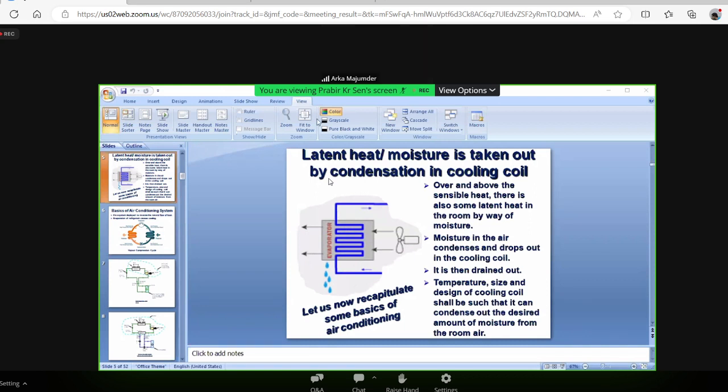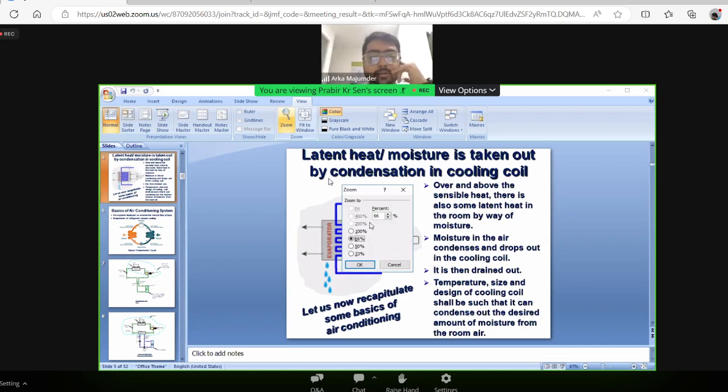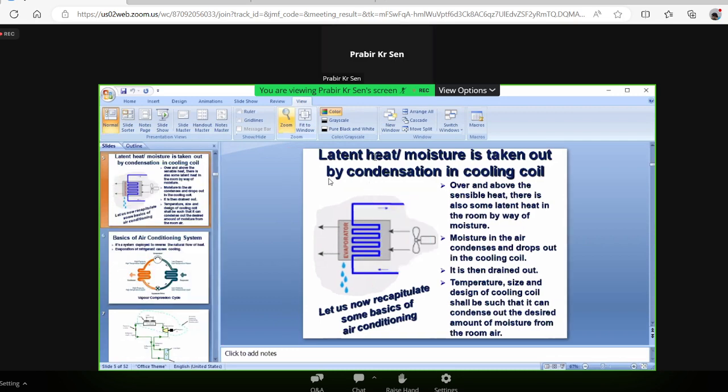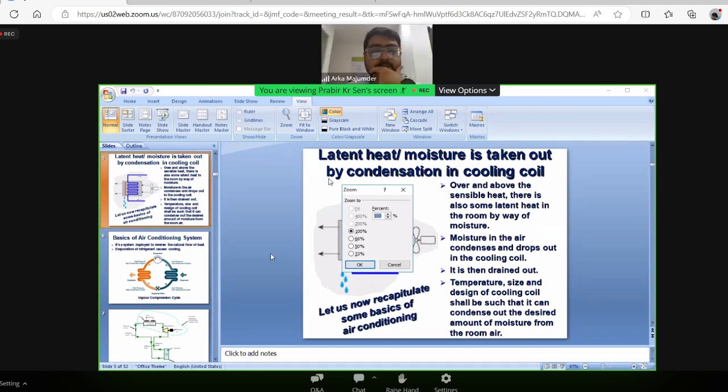You can enlarge it with the plus and minus sign in the bottom right corner. It's visible, sir.